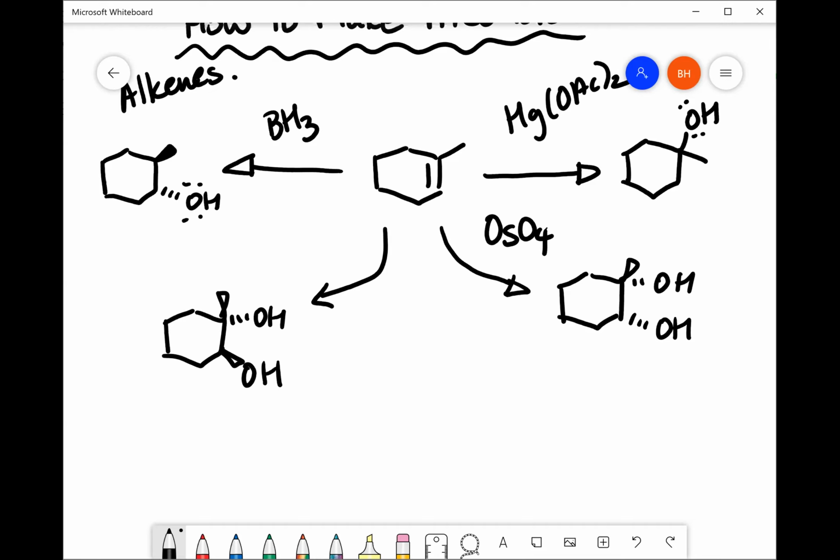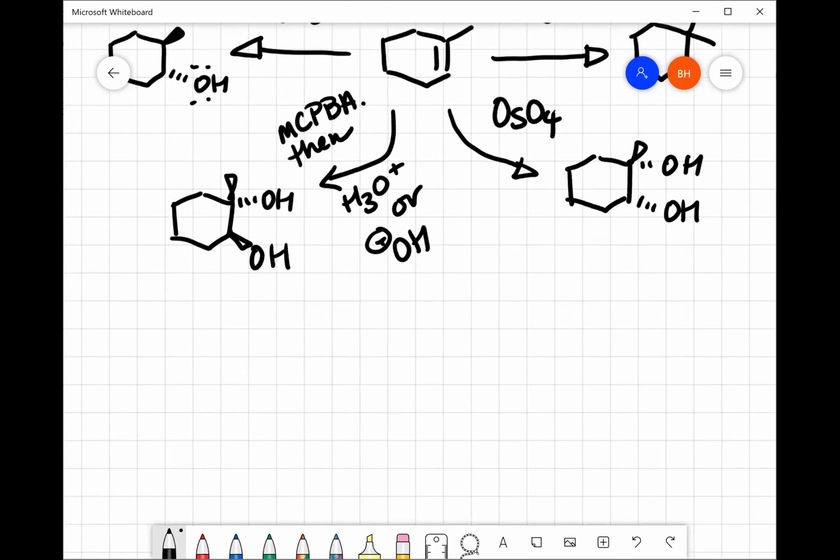This was the MCPBA, then either acid or base to make the trans. So with alkenes, you can make diols or the Markovnikov or anti-Markovnikov alcohol. So those were things that we'd done in the previous section of the course.